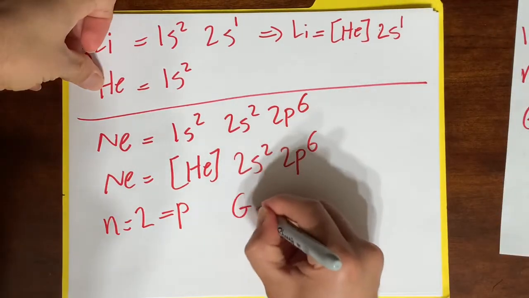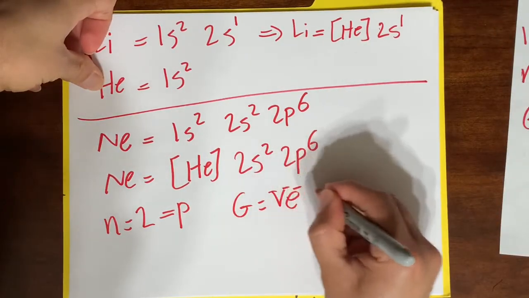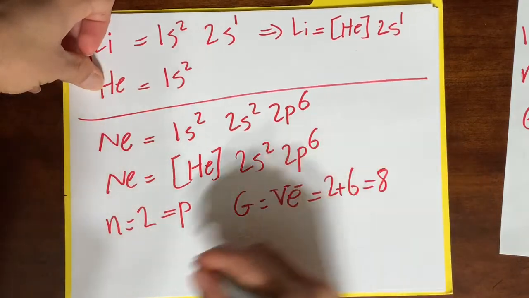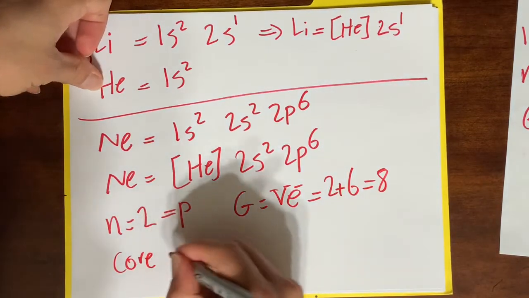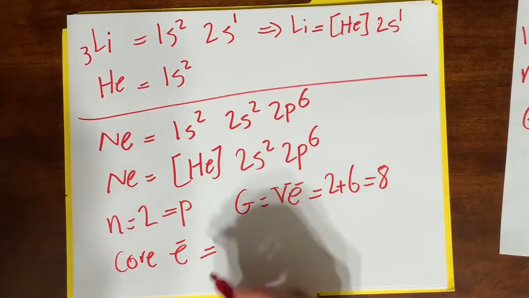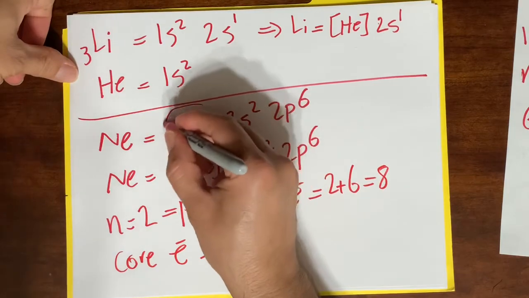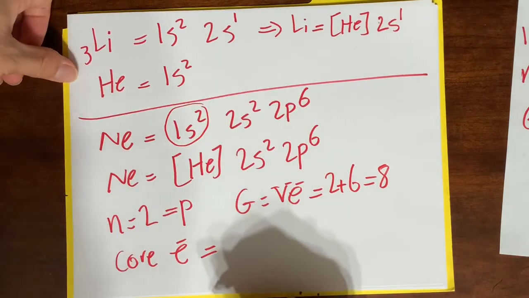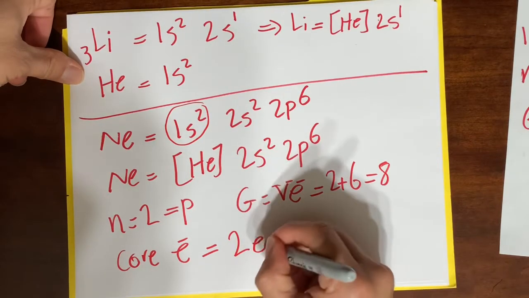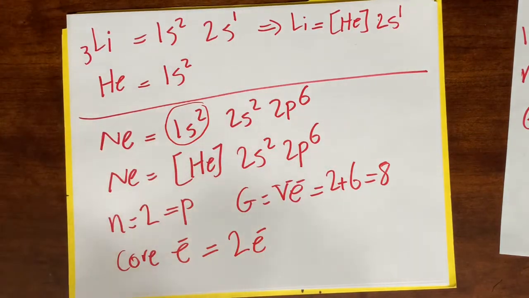How about the group or valence electrons? It will be 2 plus 6, 8. Core electrons: only one s with 2 electrons, so you will have 2 core electrons.